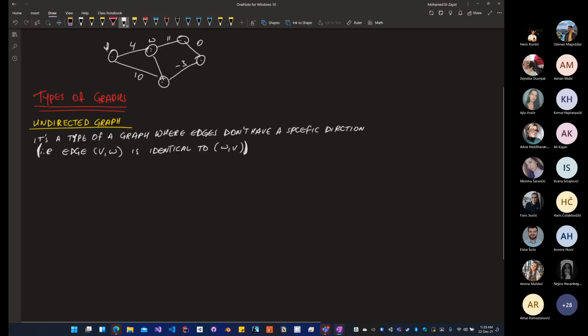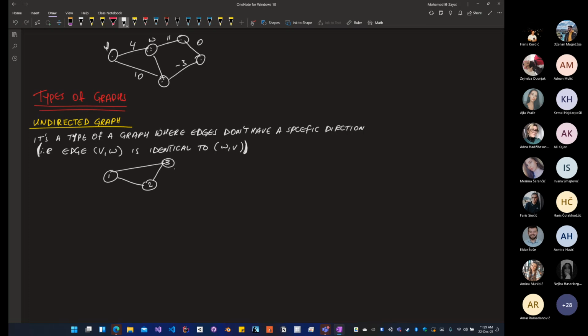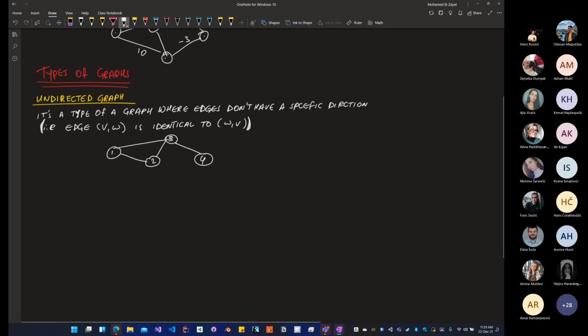So an undirected graph will be something like you have vertex 1 connected to vertex 2, connected to vertex 3, and these two are connected. And for example, this is connected to vertex 4. This is an undirected graph, no directions whatsoever.